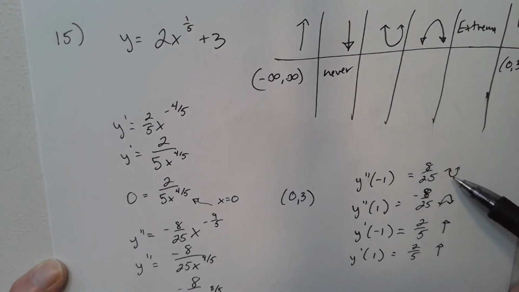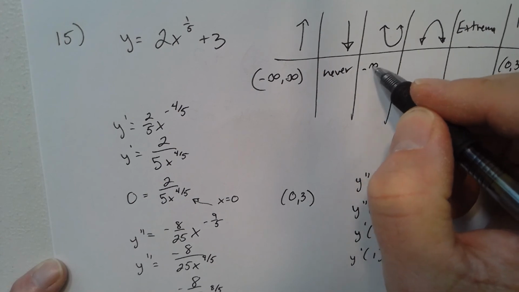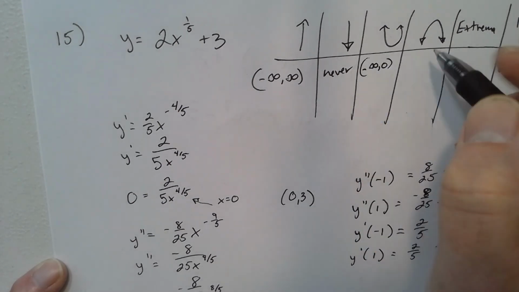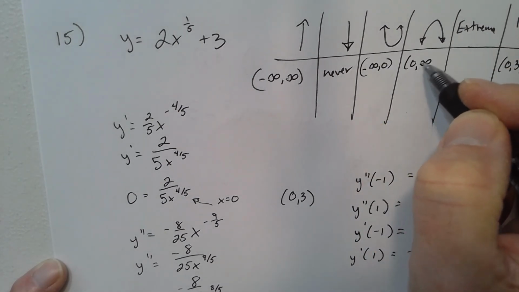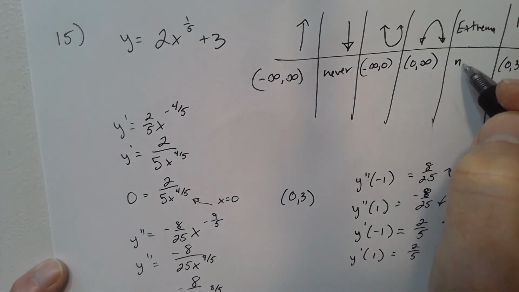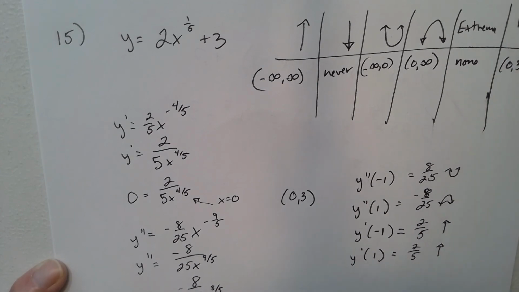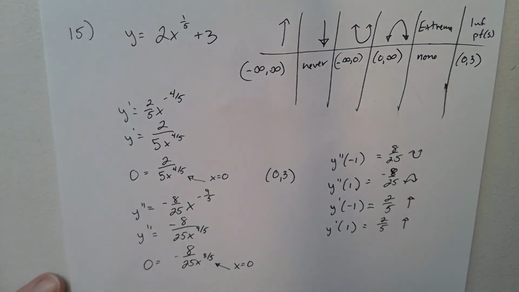It's concave up until it gets to our inflection point at 0, so negative infinity to 0. Concave down from 0 to infinity. And we have none or never extrema for this problem. So it could be more of an interesting problem. Not a whole lot's going on.